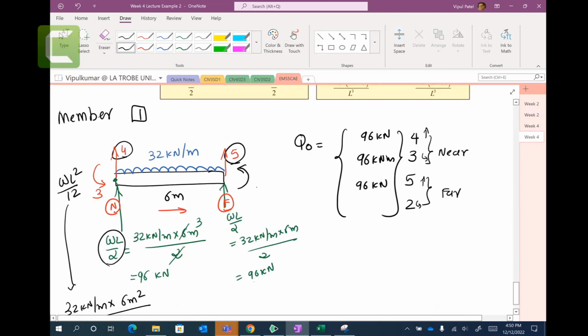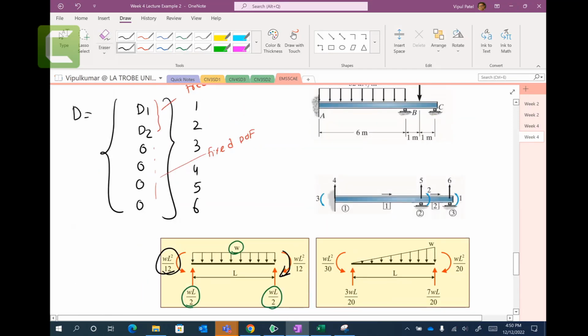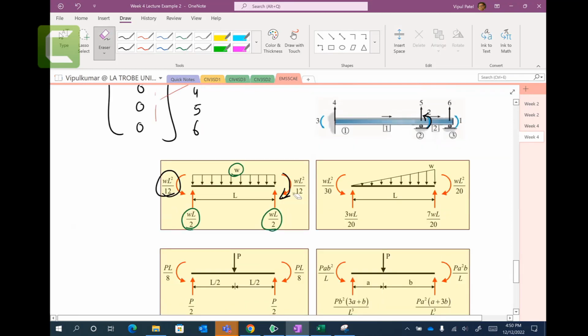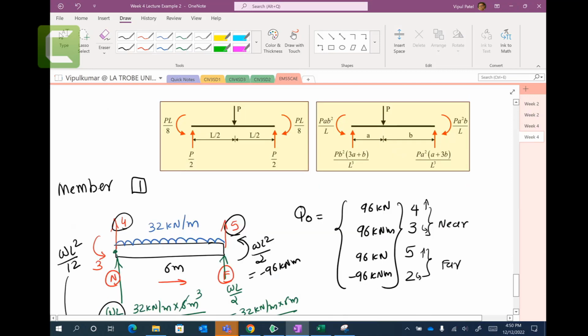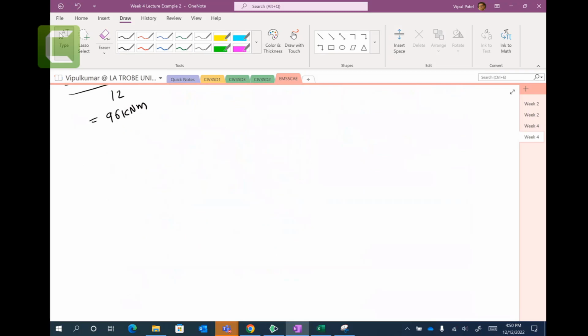So that's the calculation here, WL squared on 12, which will be minus 96. I hope you understand why it is minus, right? Because look at the figure, in the questions, the modeling, it shows this is the direction for 2. But when you do the calculations using these tables, this is clockwise, this is anti-clockwise, this is clockwise. So they are opposite, and therefore it is minus. Right, so I hope you understand member number 1.